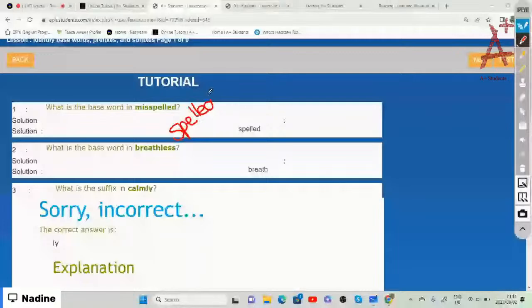We need to identify the base word in breathless. Breathless, it is breath, and that is the base word that can stand on its own. If we add less, then we are adding the suffix to that word to make it breathless. So here we identify the base word as well as a prefix and a suffix.